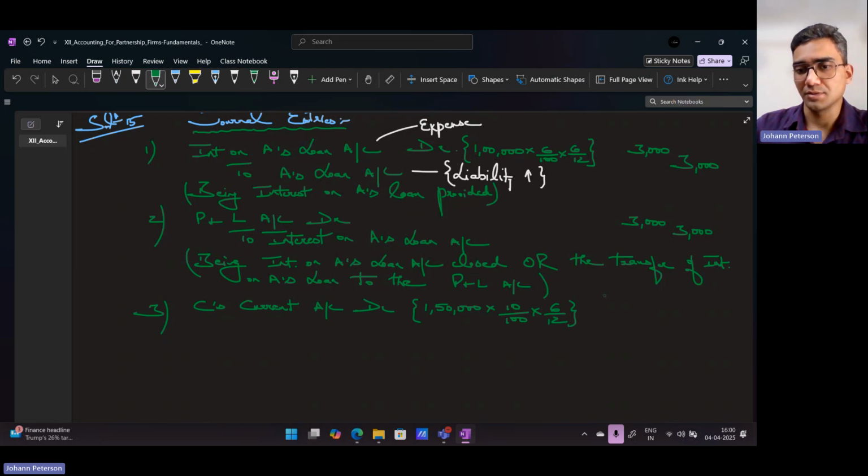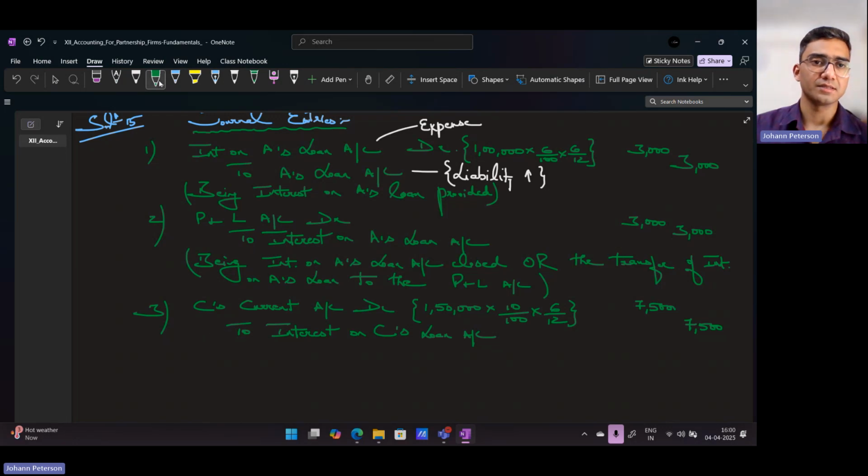So 15,000 and half of 15,000, that is 7,500, to interest on C's loan account. Amount will again be 7,500. It's calculated in the same way.